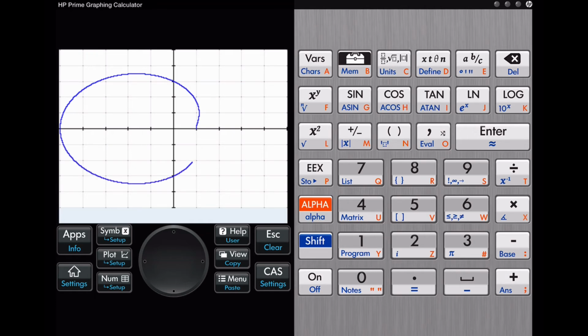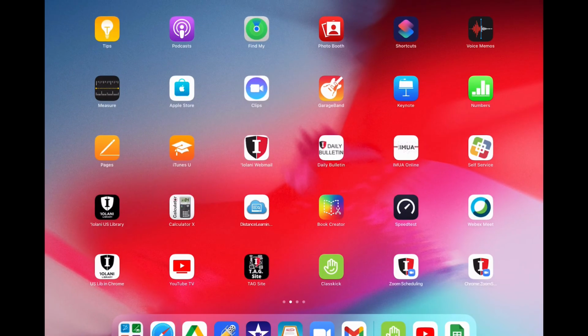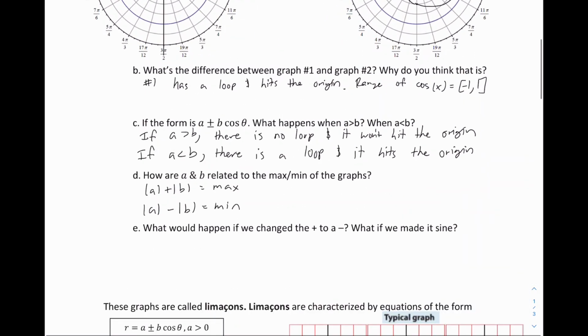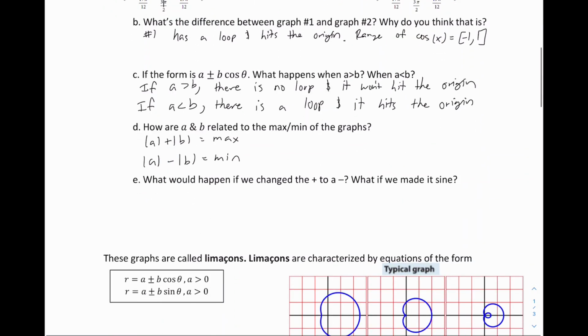It reflected over the y-axis. So for E, we'll put reflects over the y-axis for this part.